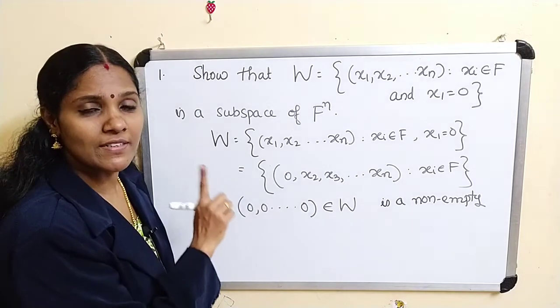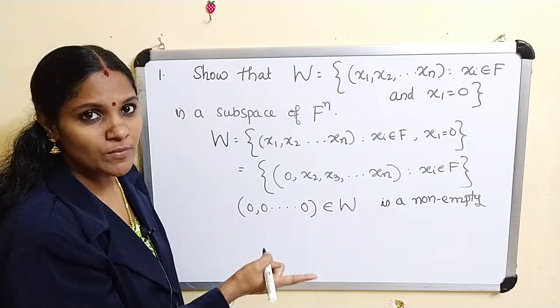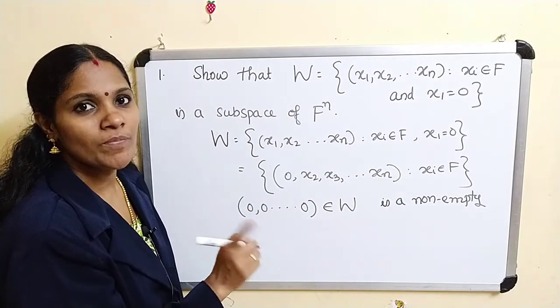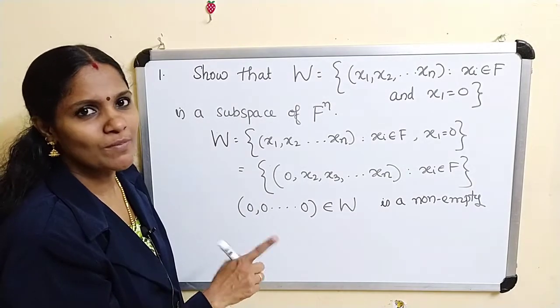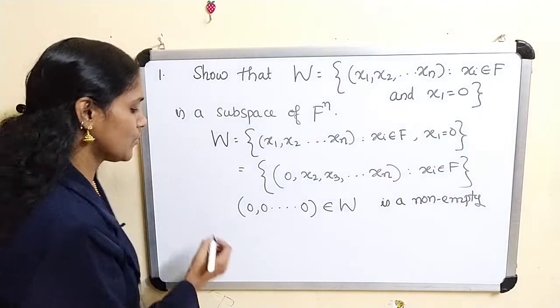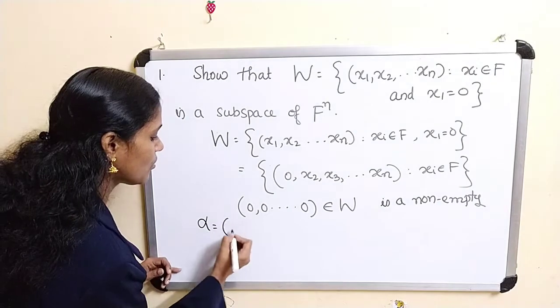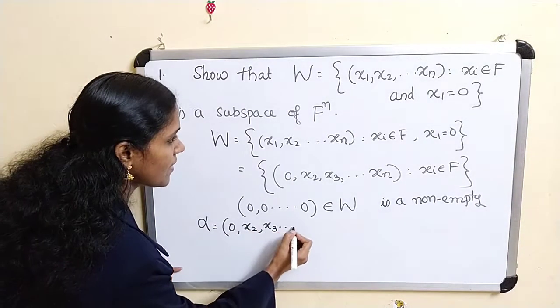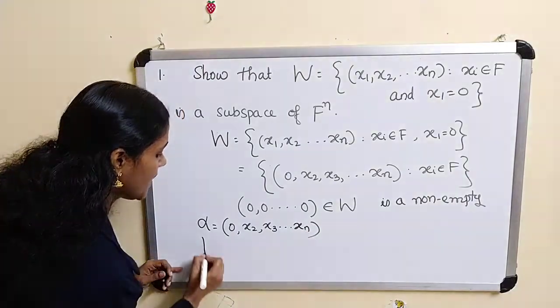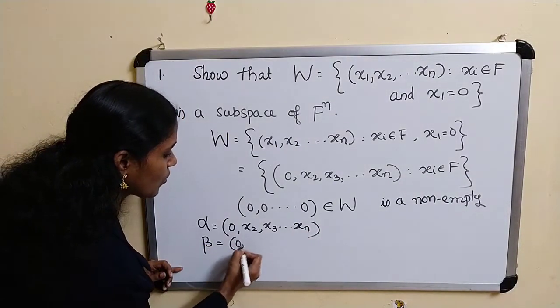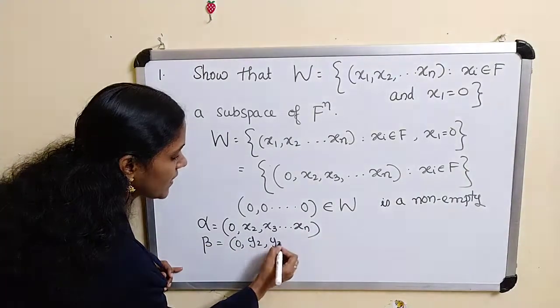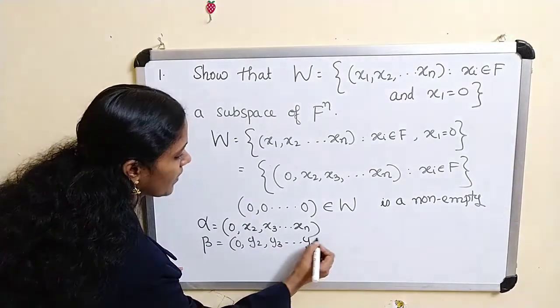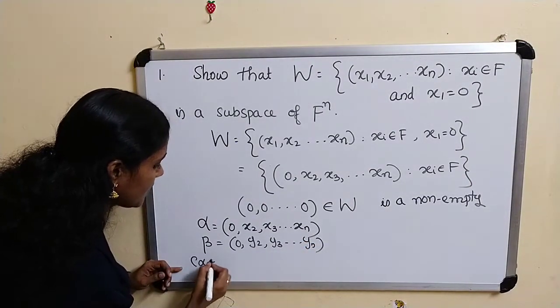If W is a non-empty subset of a vector space, then W is a subspace if and only if C alpha plus beta belongs to W. So you choose alpha equal to (0, x2, x3, ..., xn) and beta equal to (0, y2, y3, ..., yn). Now what is C alpha plus beta?